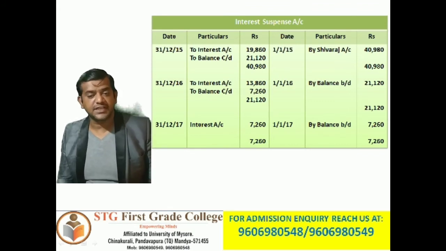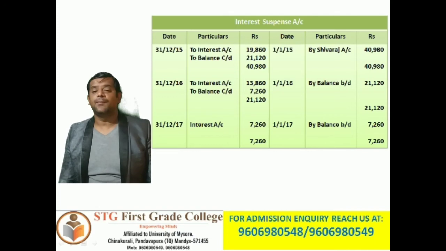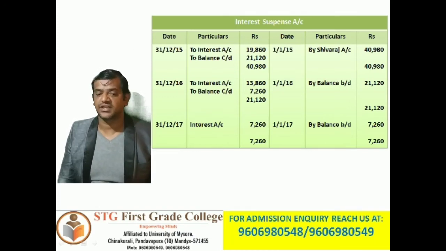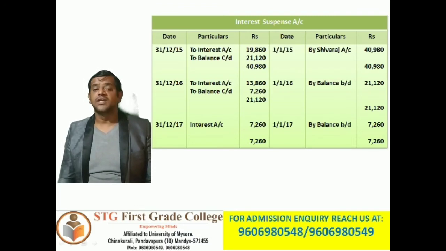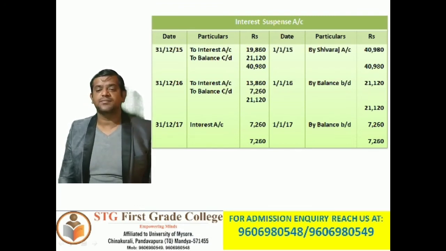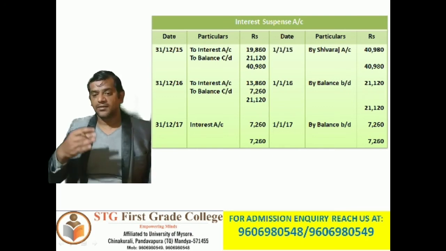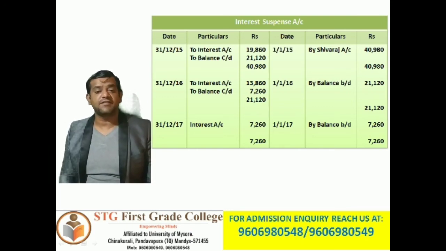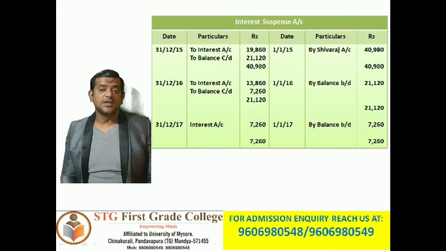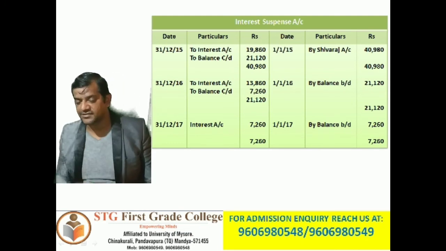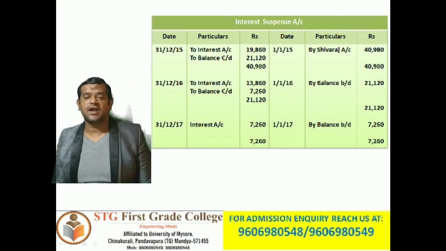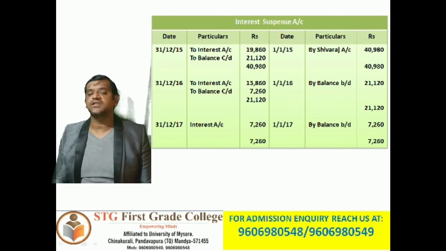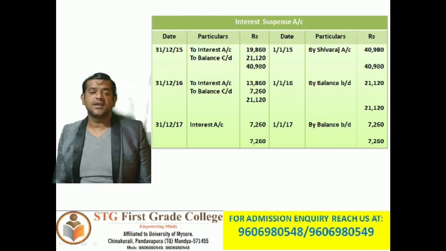So on the credit side, 1/1/2017, by balance brought down 7,260. So on 31st/12/2017, to interest account, that is third year interest 7,260, which is the amount we are supposed to give.